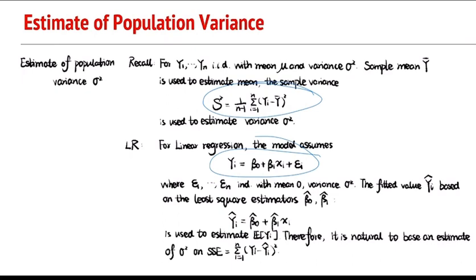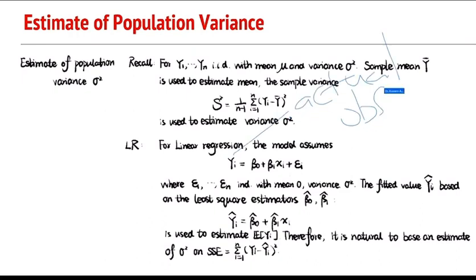Now, if you want to do that, all you need to do is, if I have a simple linear regression model, y here is the actual observation, but y here is a predicted observation. That is why it has a cap.